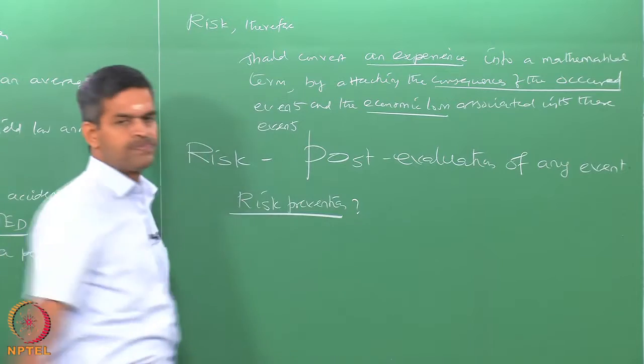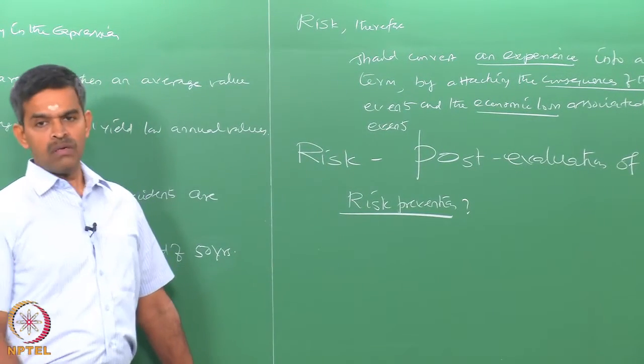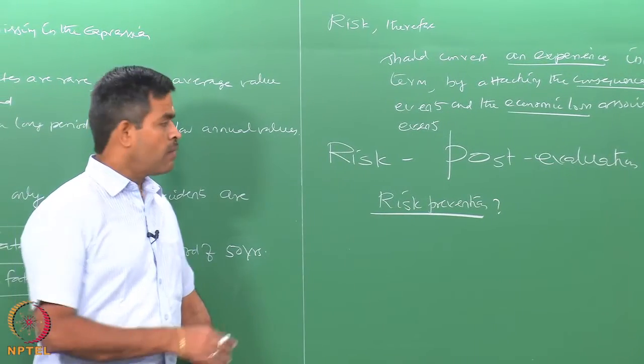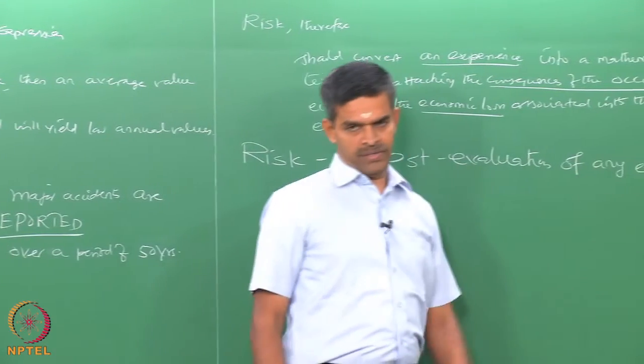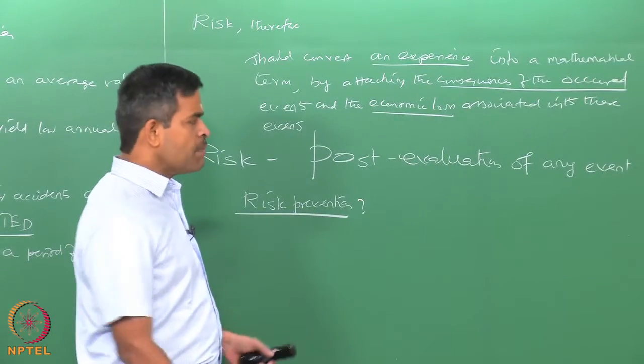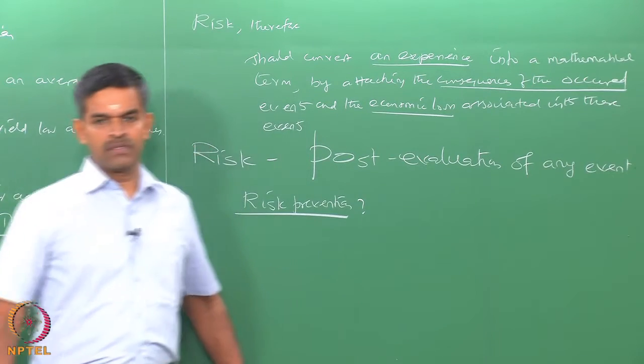What do you mean by this? Preventive measures are based on understanding of or diagnosing or post evaluation of occurring events. So, for example, if no accidents have been reported at all, you cannot estimate risk.